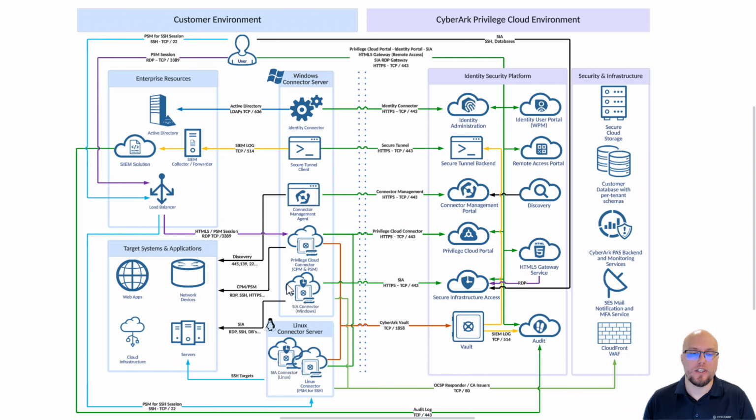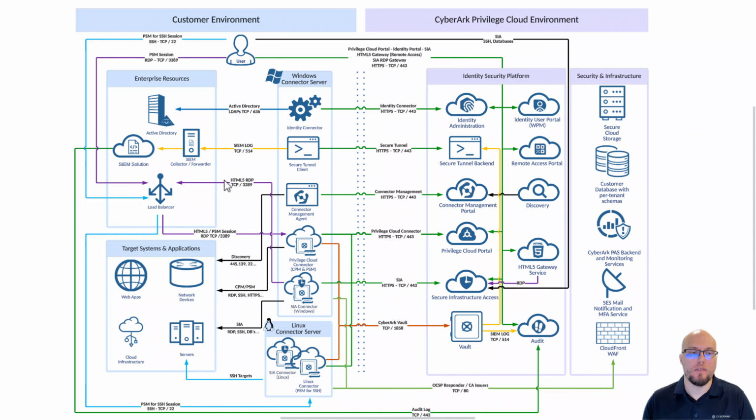And then once it gets to the SIA connector, it will then make their connection to the load balancer in this example. And then the load balancer will then, of course, make a decision on which PSM server to go to. In this case, it could be the same server that the connection came from. And then the PSM server will repeat the example earlier of collecting the credentials from the Vault server and connecting to the end target.